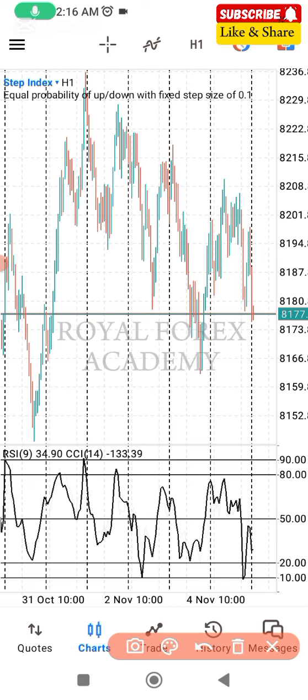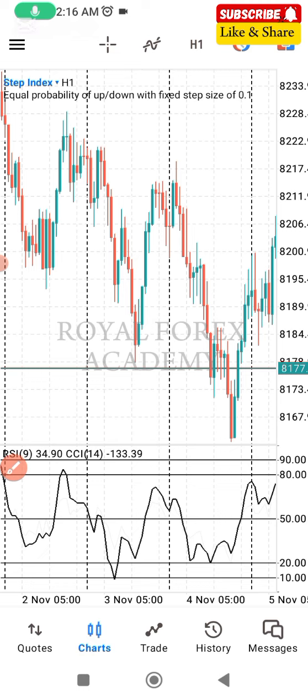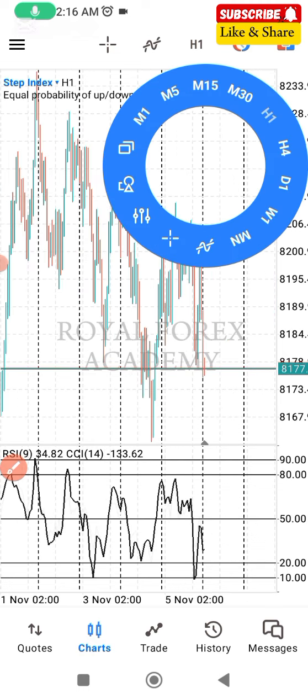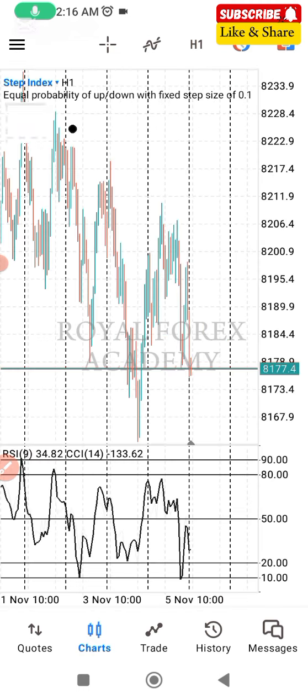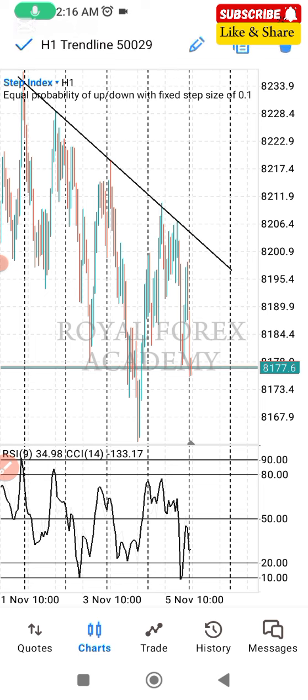So price is making a series of lower highs and lower lows. If you connect your trend line, you realize that based on this H1, you are in a downtrend.